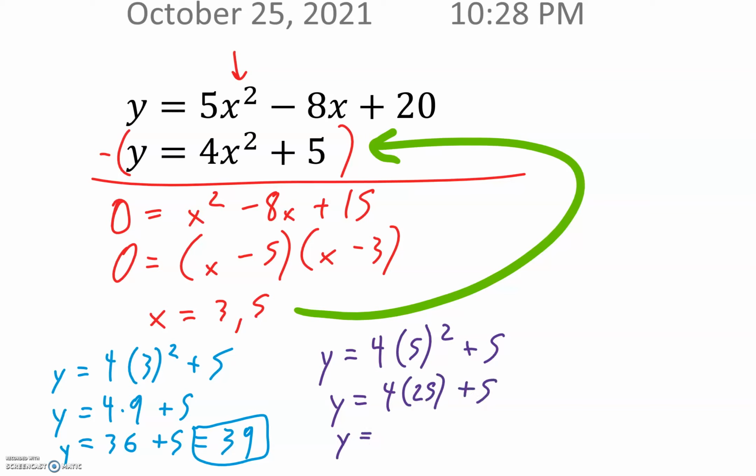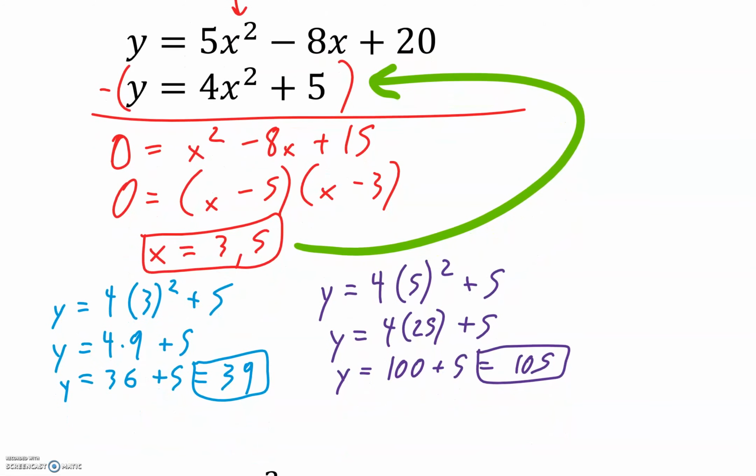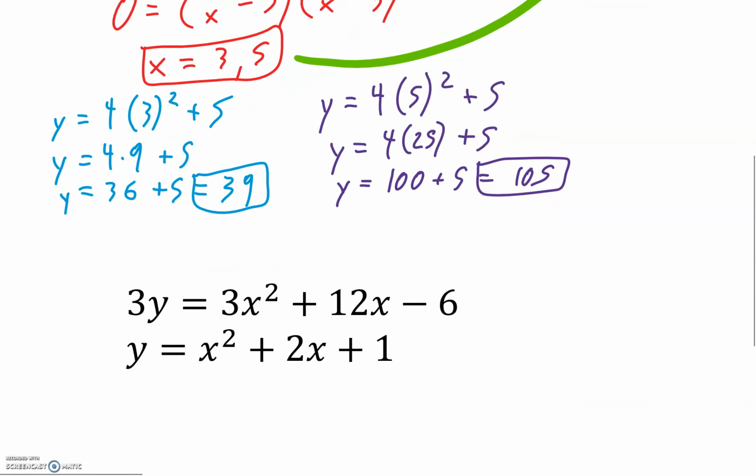So y equals 100 plus 5, or 105. And that's our value for y. Okay, so now we can say that those are two values.